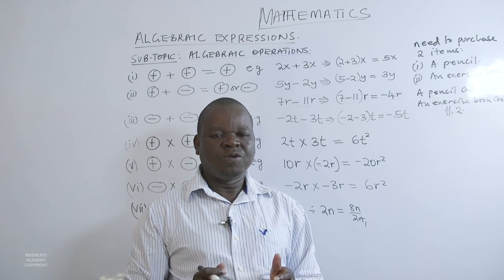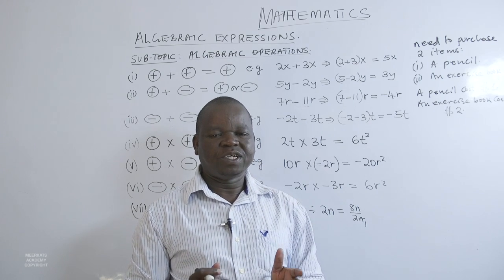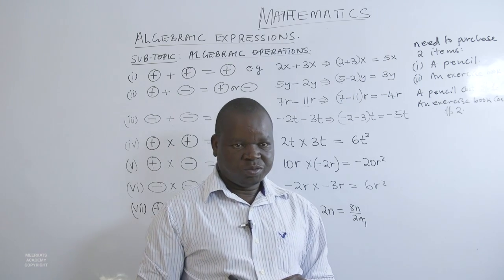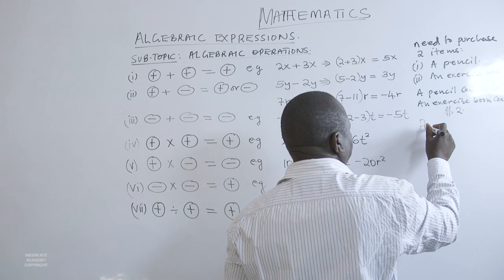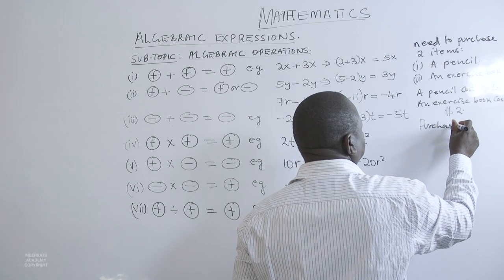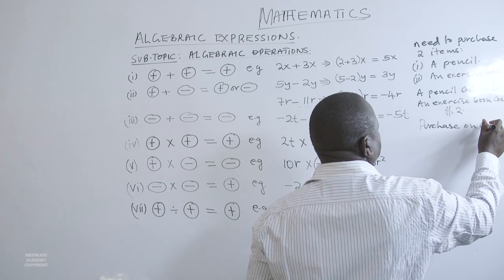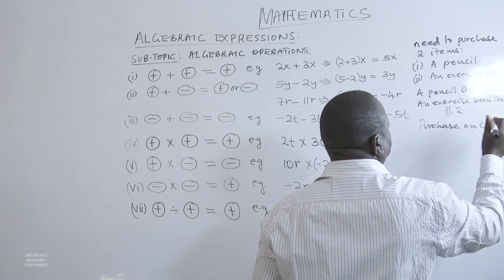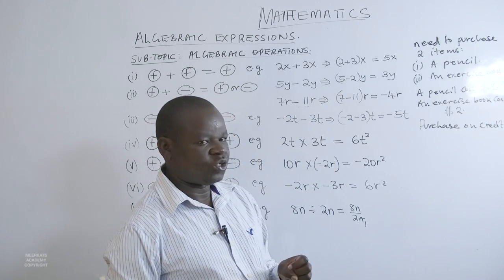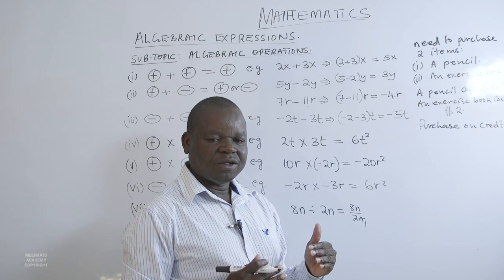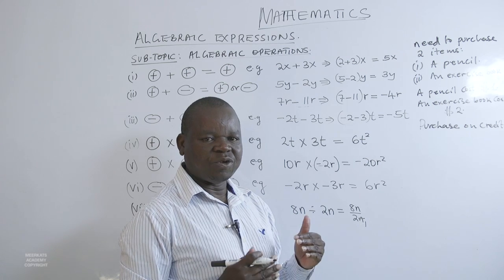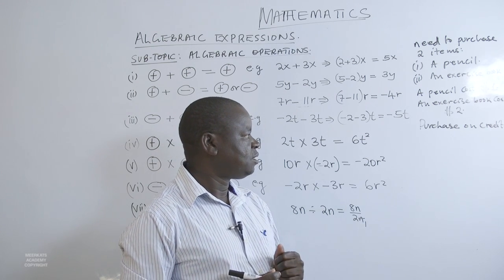So you now do what is called purchase on credit. You now purchase on credit the 2 items because you don't have liquid money in your pocket at the moment.